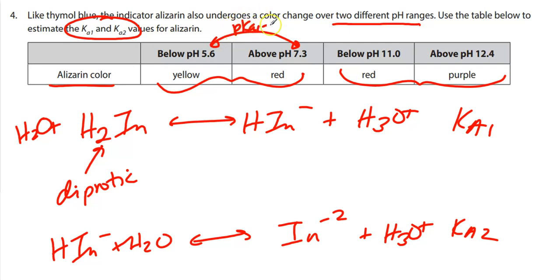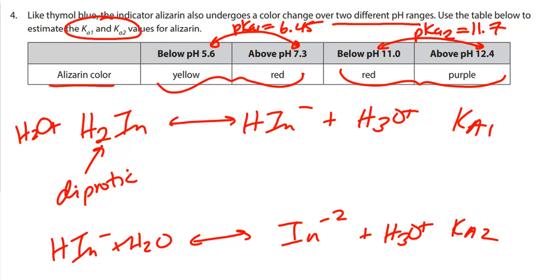So pKa1 is 6.45. Then we do the same thing here: 11 plus 12.4 divided by 2 is our pKa2, which is 11.7.